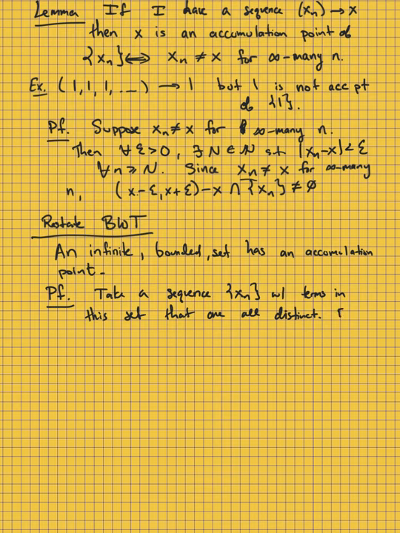By the original Bolzano-Weierstrass theorem that we showed, there exists a convergent subsequence, and then by the previous lemma, since all of these terms are distinct, this limit is an accumulation point.